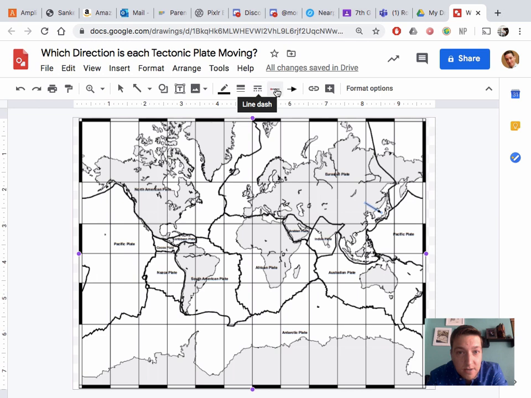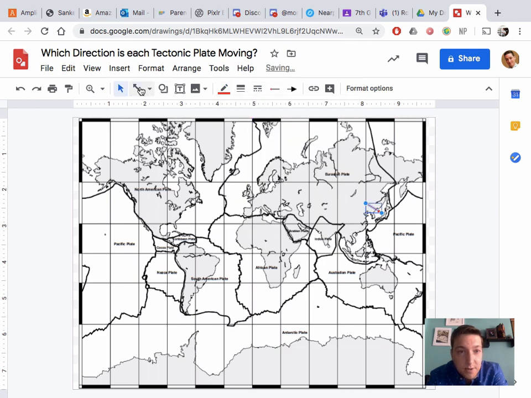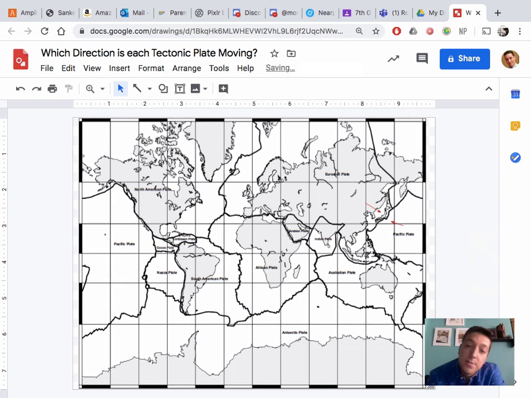Can I change the color of the arrow? I can. So I'm going to do red arrows to indicate convergent boundaries. The reason I put convergent boundaries there is because we have a lot of volcanoes. We have a chain of volcanoes. So wherever you have a chain of volcanoes, you should add convergent tectonic plate boundaries.